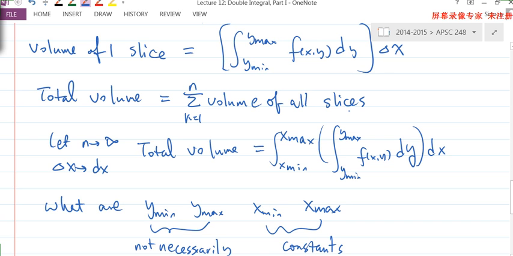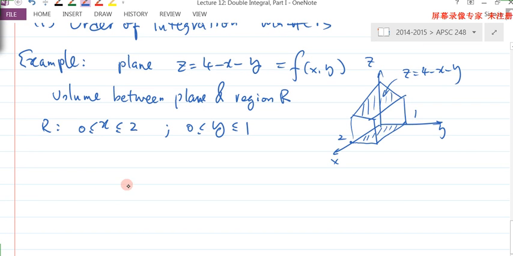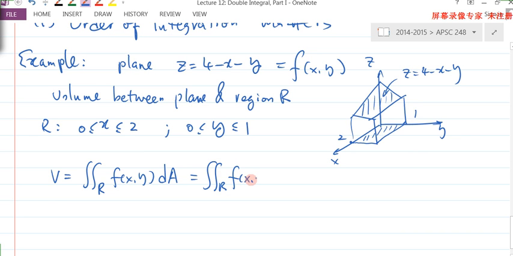If I apply this formula here, in this particular case, the volume is equal to the double integral over R of f of x, y dA. The dA essentially is dx dy, the small area. But you want to integrate with respect to y first.